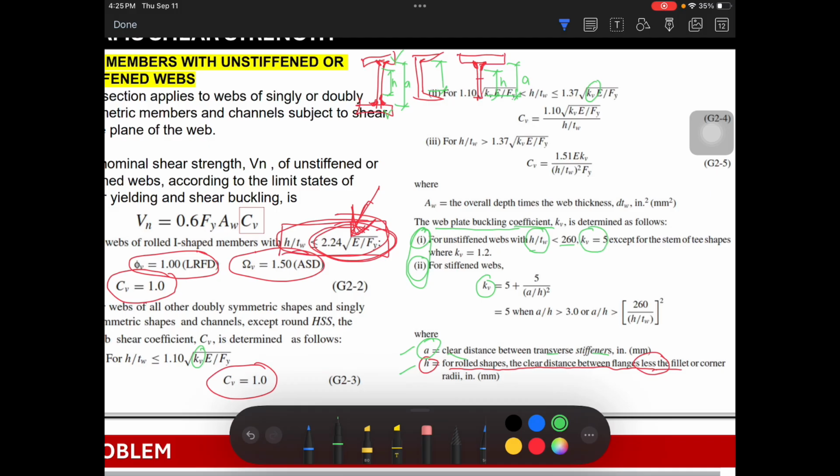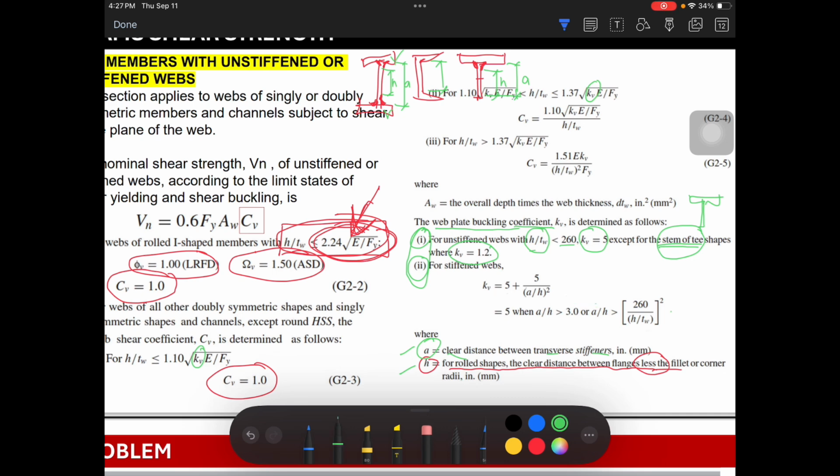Pero, kapag stem of T ka, yung T-shapes, yung ganyan, ang KV ng mga T-shape ay 1.2. Okay? And then, for stiffened webs, kapag stiffened yung webs mo, like yung W-shape stiffened webs yan.